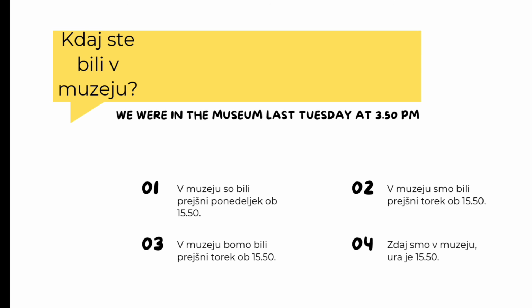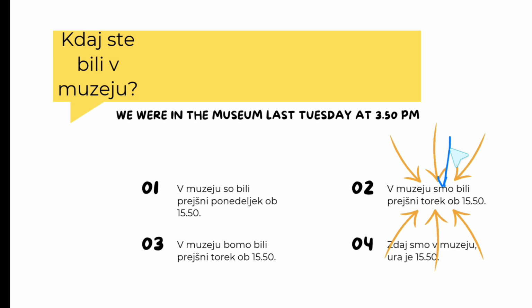I'll give you 3 seconds to pause the video and try to decide which one is the correct one. 1, 2, 3. Okay, so the correct one was the second one. And again, I made 2 very similar ones, and that is the first one and the second one. So the second one is "v muzeju smo bili prejšnji torek ob 15:50."